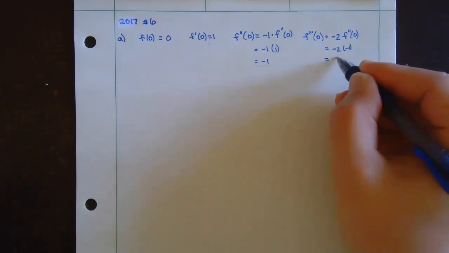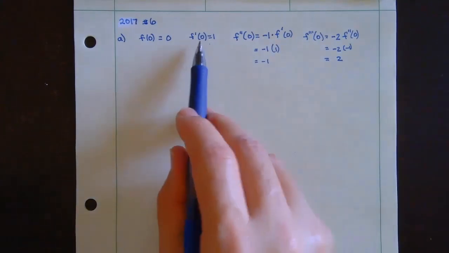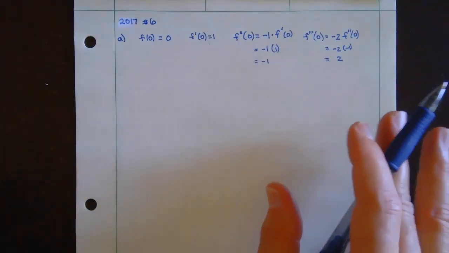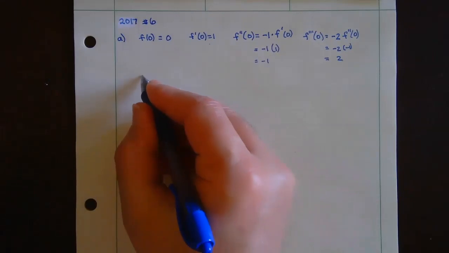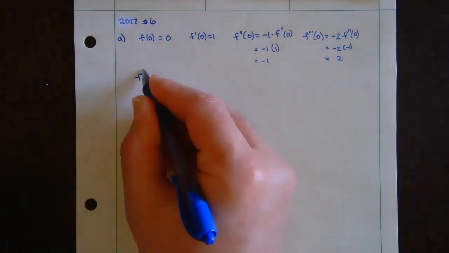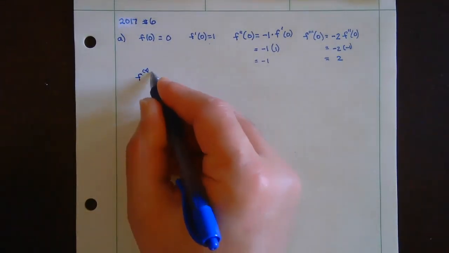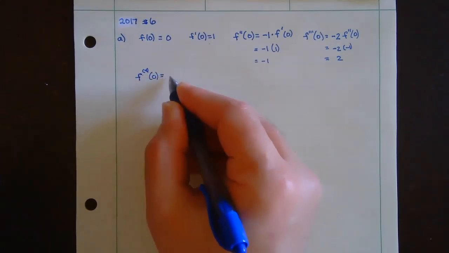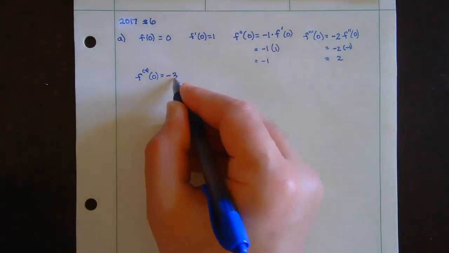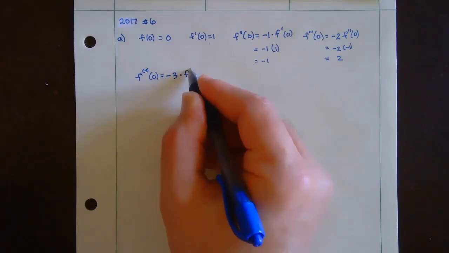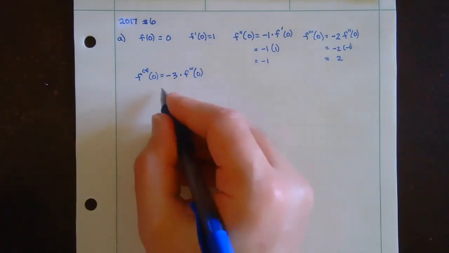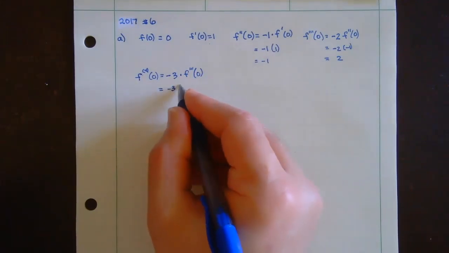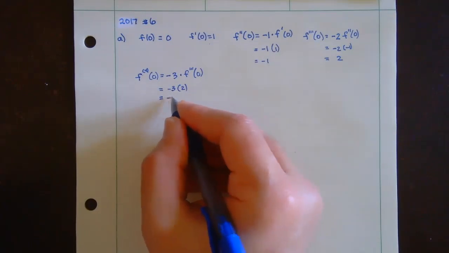So that becomes 2. Okay. So now we have 1, 2, 3 non-zero terms. I said the fifth derivative. I was mistaken. It's the fourth derivative that we're going to need to find. Okay, so the fourth derivative at 0 would be negative 3 times f triple prime at 0. And this one was 2, so this is negative 3 times 2, which gives you negative 6.